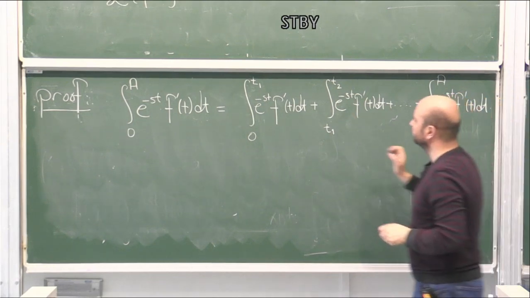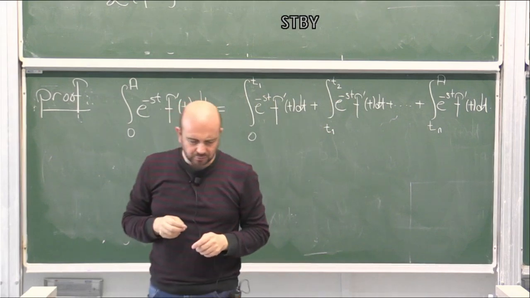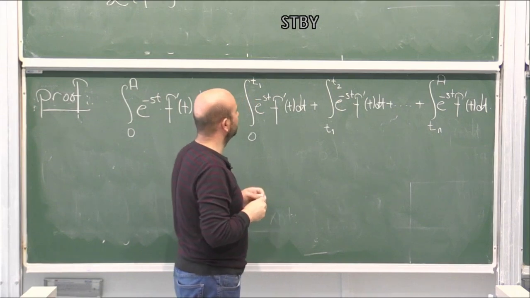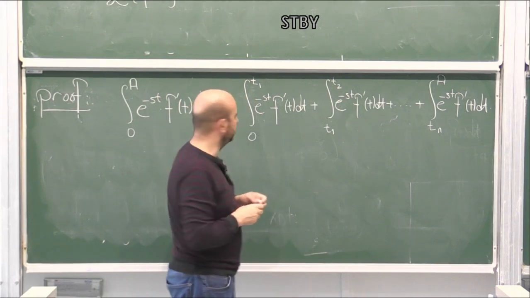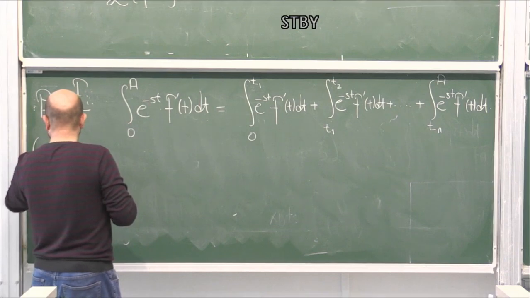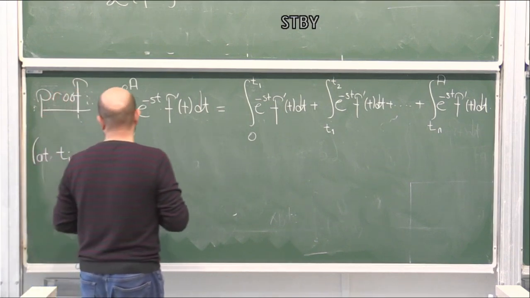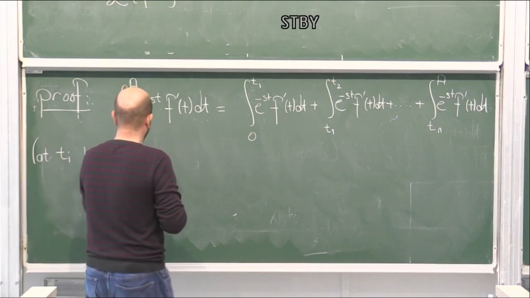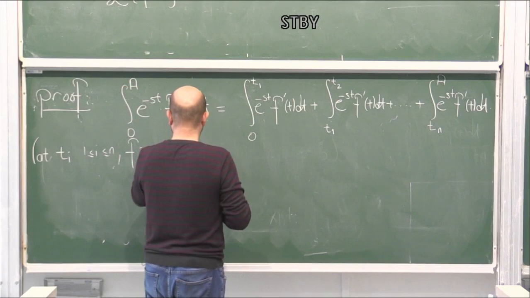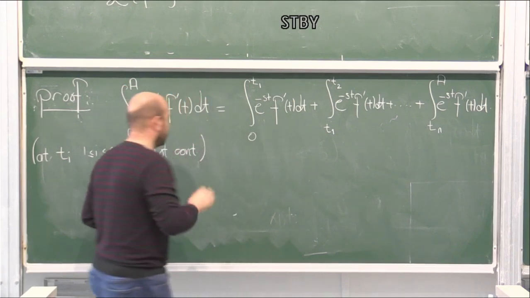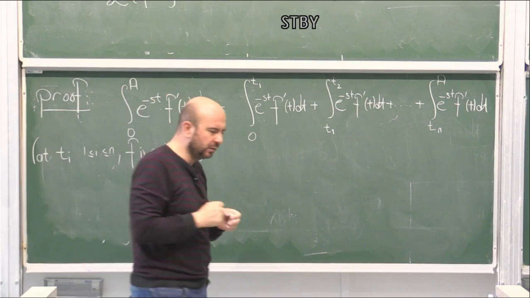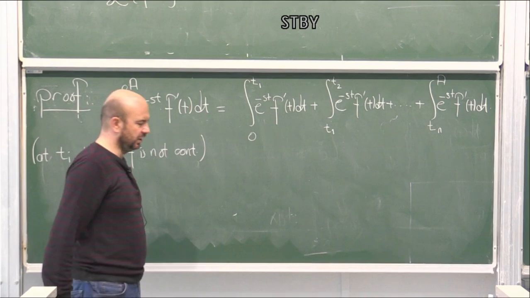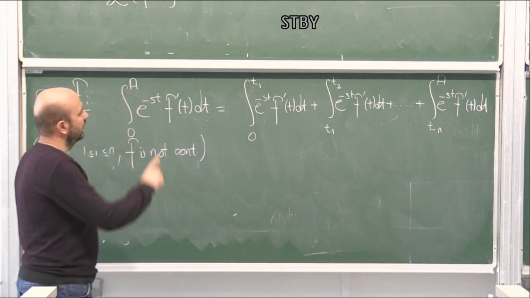So I separated my integral by using these points t1 to tn where our function is not continuous. So at ti, where i is between 1 and n, f is not continuous. But we know that at most jumps, removable ones, are allowed. A jump is fine, but no infinities.